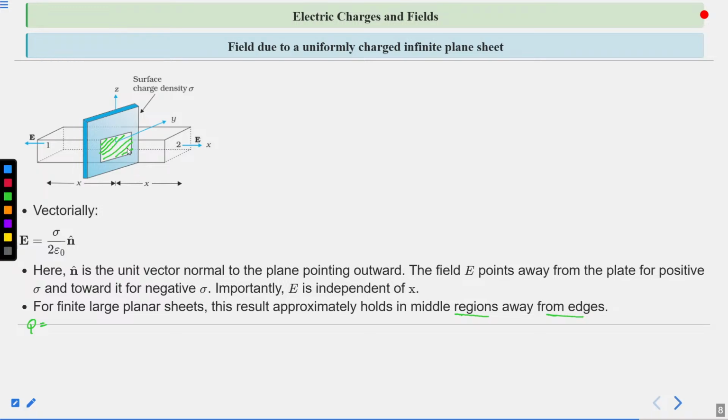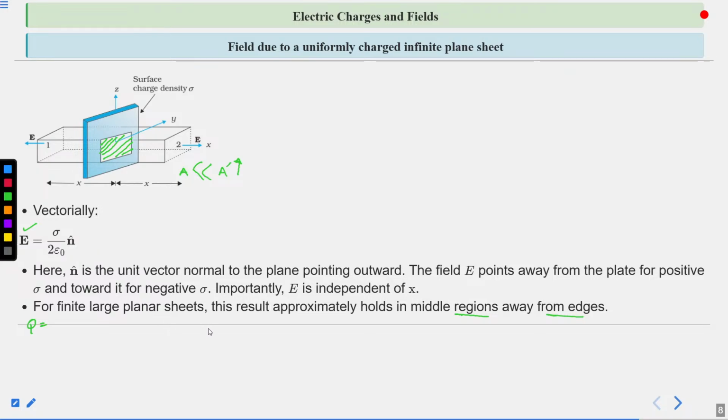Suppose the initial area is A, but we increase the value of A, and it becomes A prime, where A prime is greater than A. In that case, what will be the effect on E? Think about it.